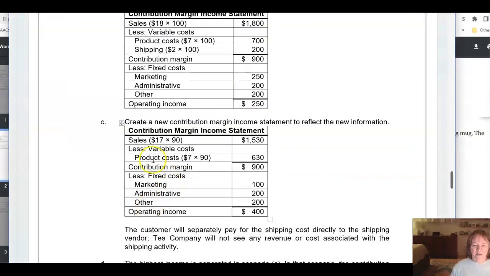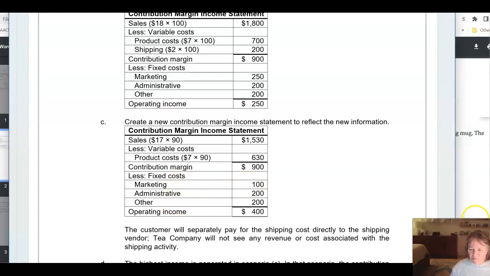Here's the last one. We're lowering our selling price to $17, and there's our original quantity of 90. And product costs are 7 times 90. Contribution margin of 900. Less fixed costs, marketing, administrative, and other. Marketing went back down again.